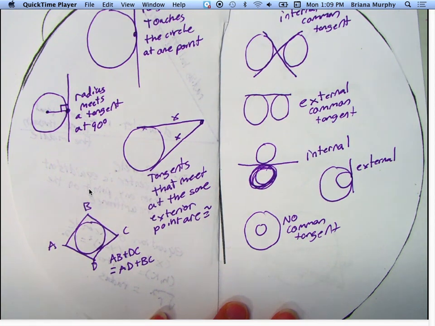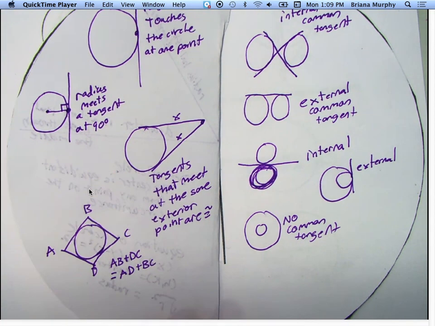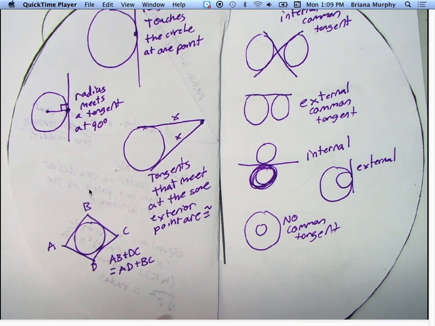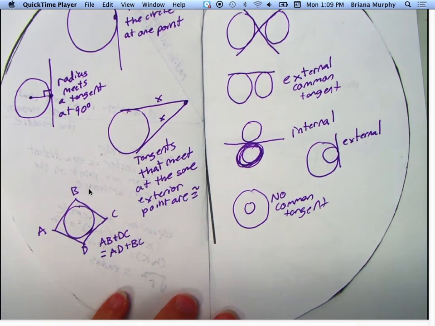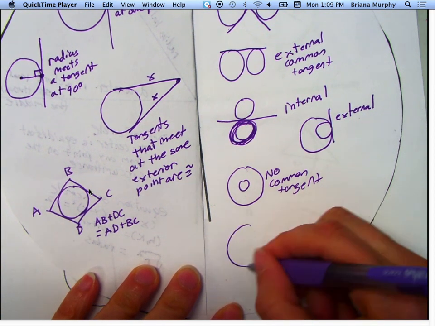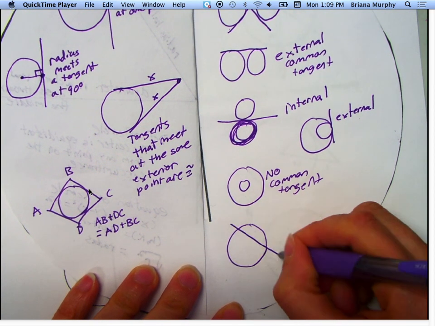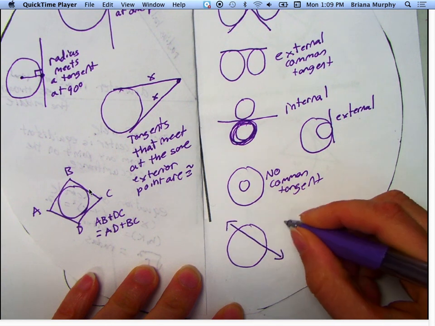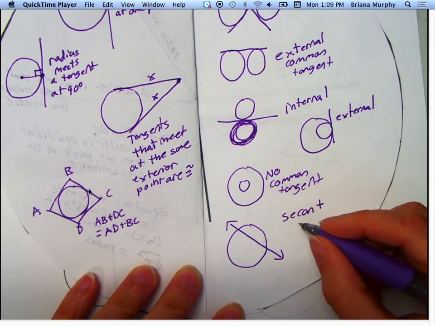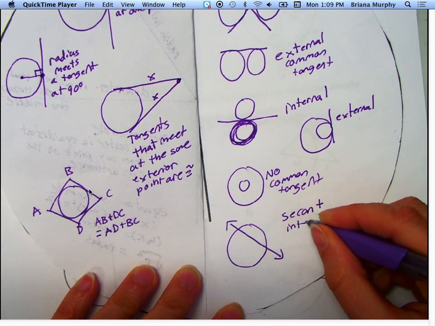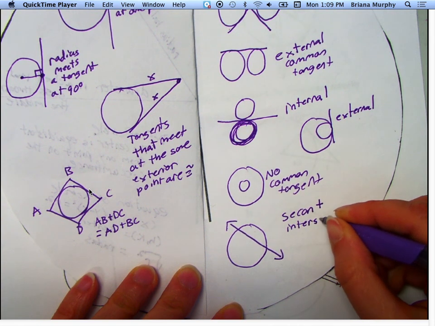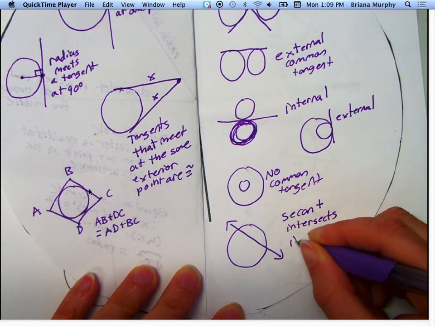All right. Now the one thing on here that is not going to be about tangents, we've got this. This is a secant. It intersects in two spots.